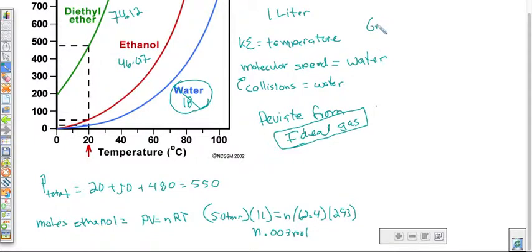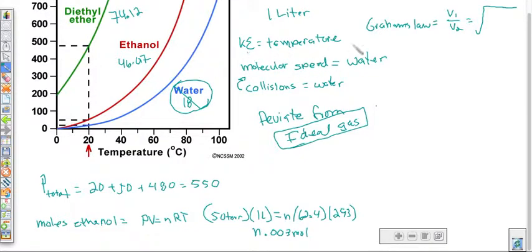So let's see, how do you spell Graham's? I think that's right. So if it's not, who cares? Graham's law is going to equal the velocity of the first gas over the velocity of the second gas. And so what changes the velocity, or what changes the molecular speed? The bigness of it, right?